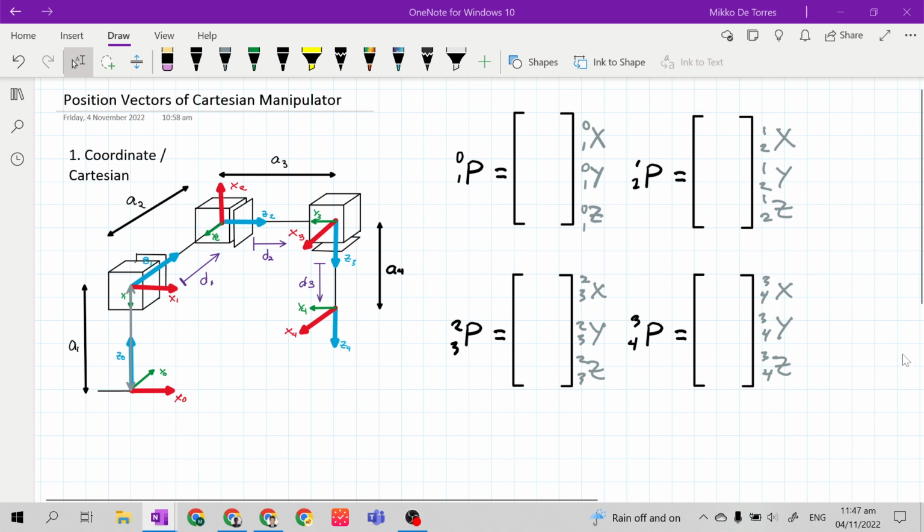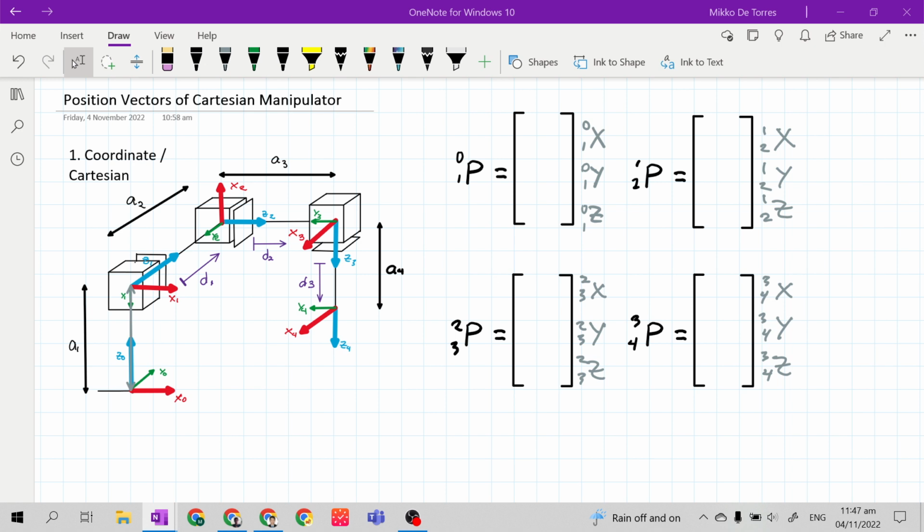Because along the x sub 0 axis, there is no assigned link length. The assigned link length is at the z sub 0 axis. A sub 3 link length is assigned at the z sub 2 axis, not at the x sub 0 axis.